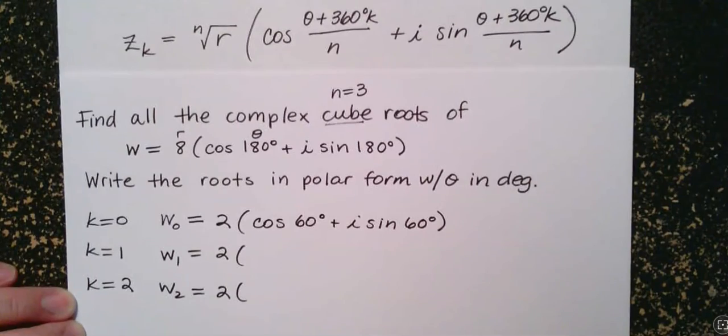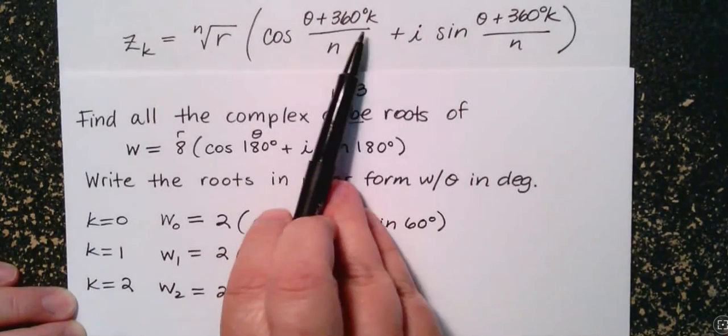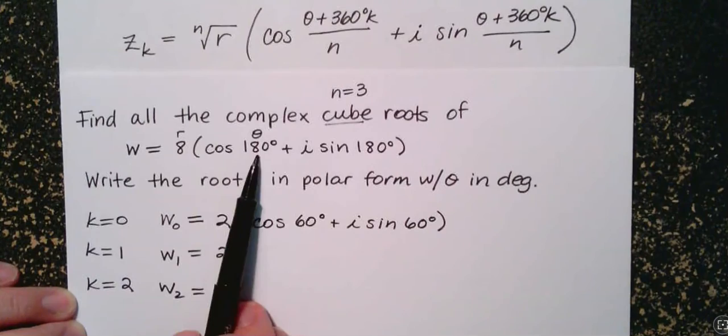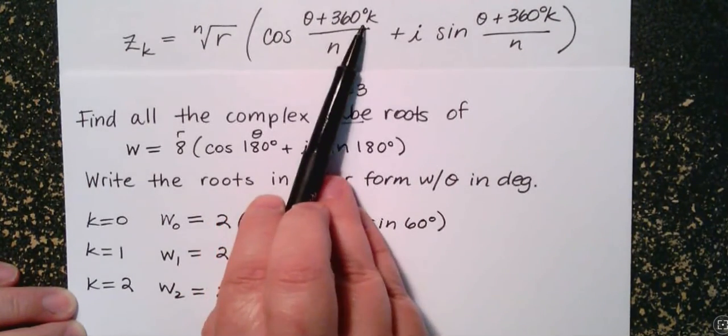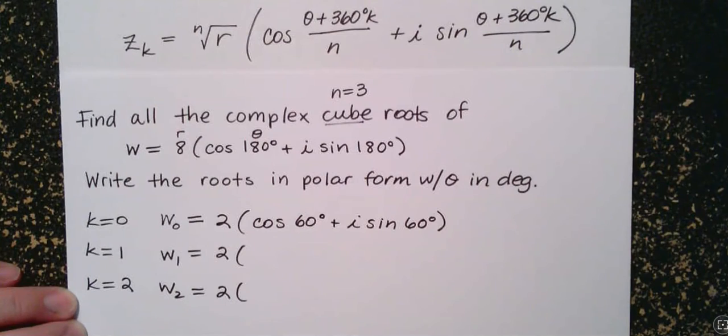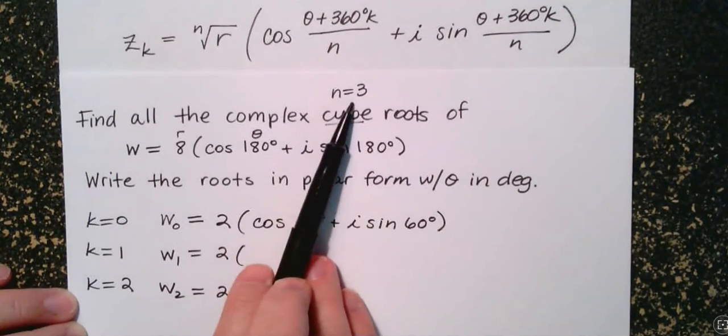And then I'm going to go back and I'm going to do it again. And the only thing that's going to change is k. So this time I'm going to take my theta, 180, and I'm going to add 360 one time. 180 plus 360, I should know off the top of my head, is that 540? Yeah. So it's 540. Divide by 3.